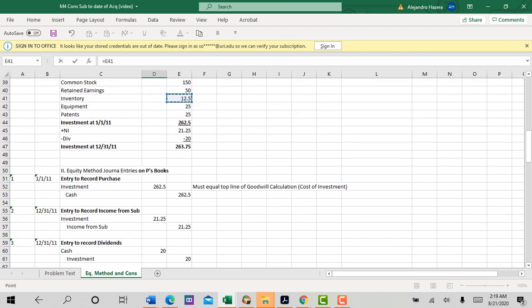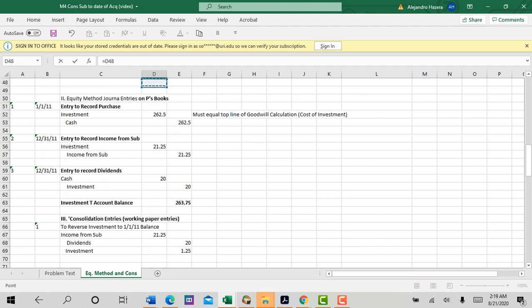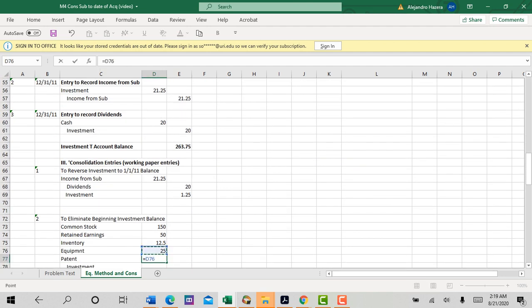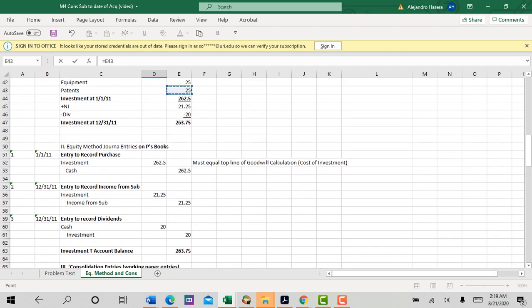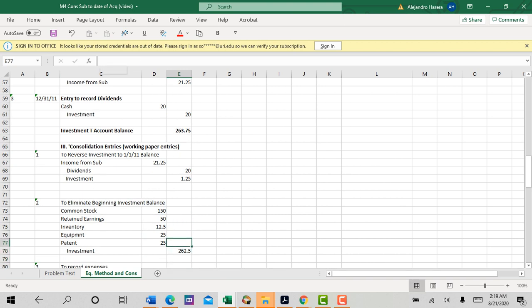To inventory for 12.5, to equipment 25, and to patent 25. Okay, so this should sum to the beginning investment balance, the sum of these things. I'm just checking myself here. 262.5.